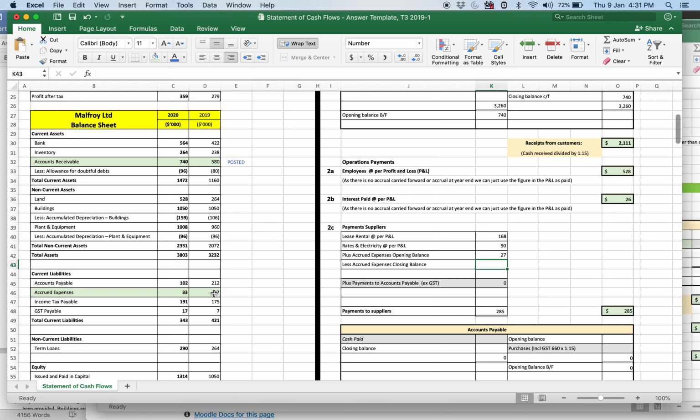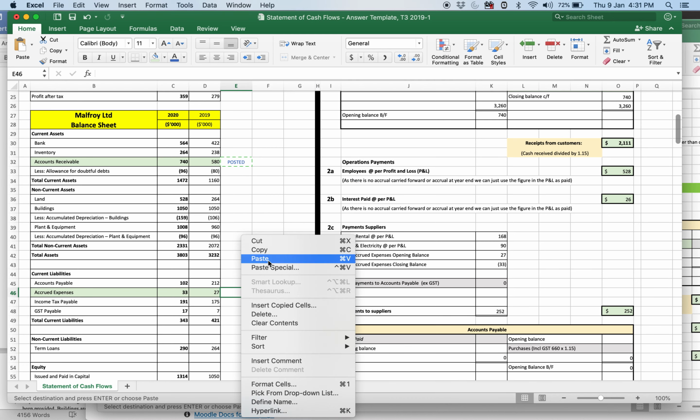And obviously, since that's sitting there as an accrual, we have not paid the accrued expenses at the end of the year. So I'll put that as a negative. So that's those two done. So we've covered that off.